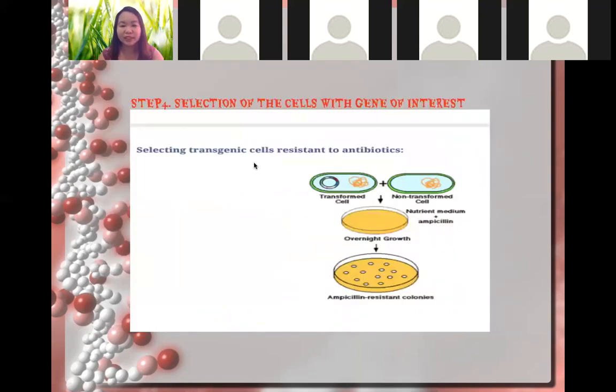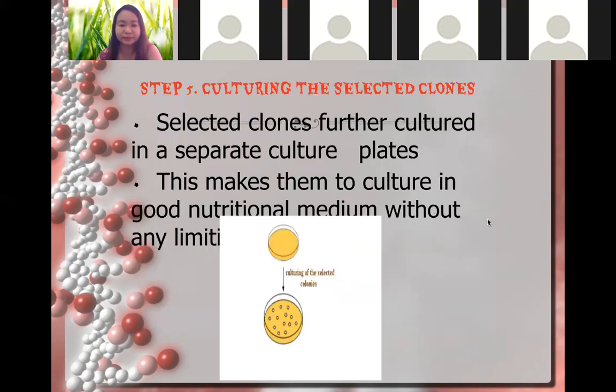Then you select transgenic cells resistant to antibiotics or with the gene of interest. So we have two types, transformed and non-transformed cells, put in a nutrient medium with ampicillin, the antibiotic, and then grown, and you will have the ampicillin-resistant colonies.